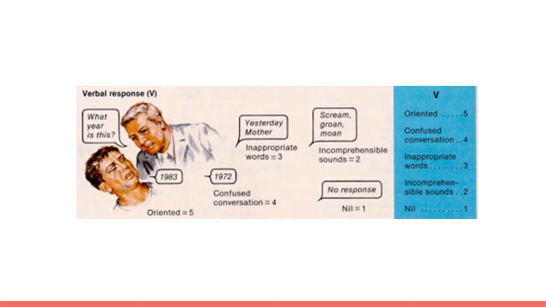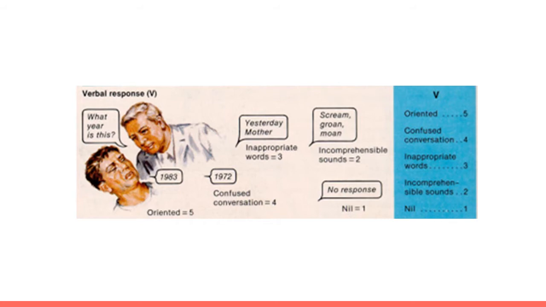And this is a verbal response. We ask patient three questions: what is his or her name, what year is this, and where is he or she now. If the patient can answer appropriately, then it is considered oriented, we put it as 5.